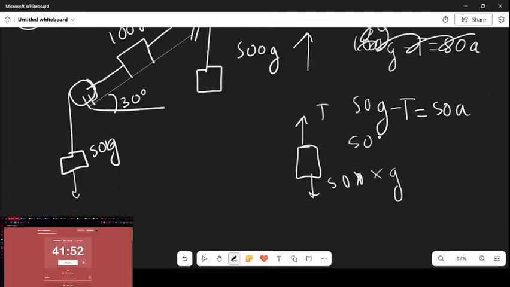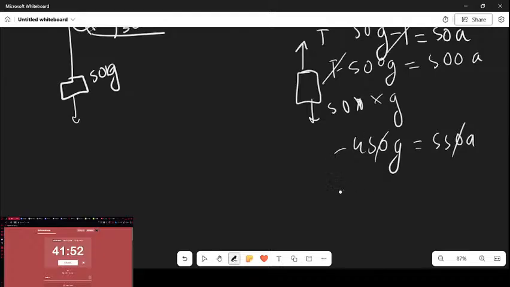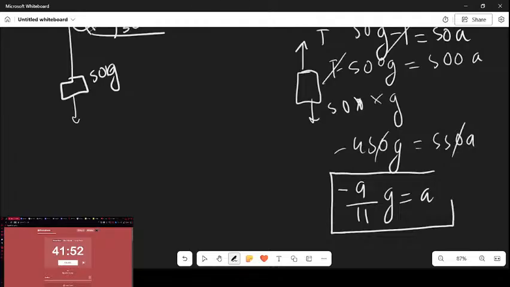Now 500g, 500a, 450g minus 450g, 550a, 9 by 11, minus 9 by 11.